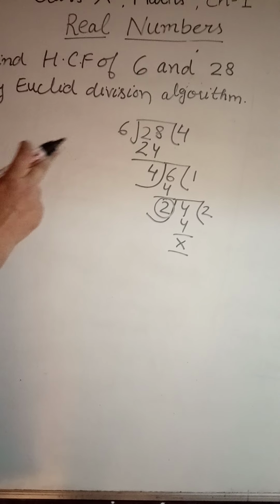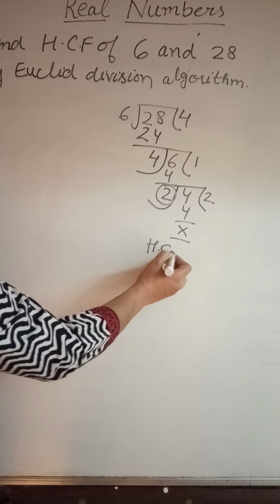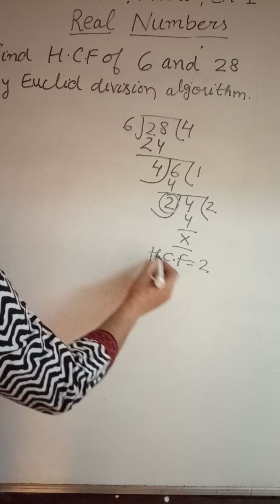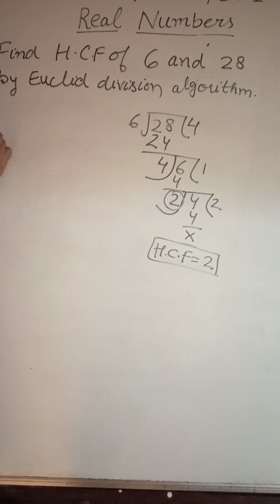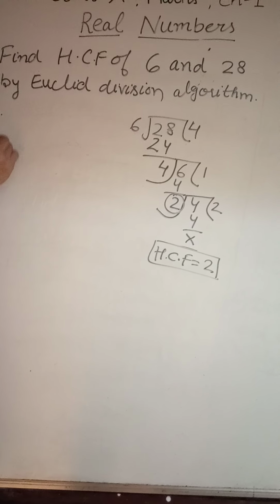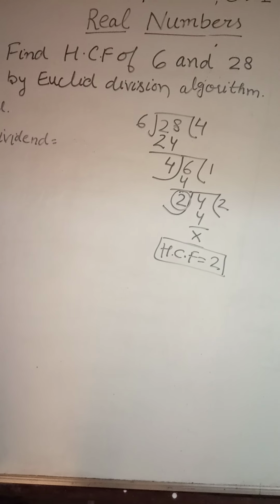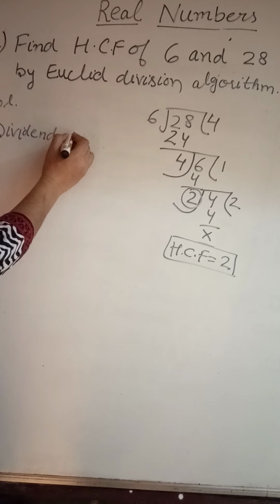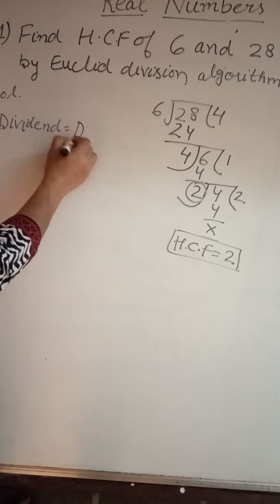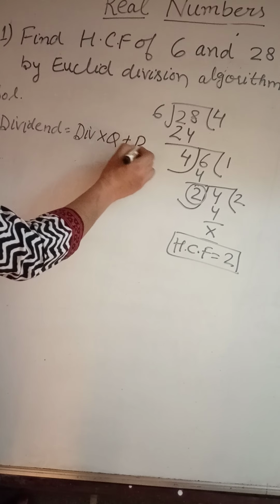But how to do the same thing with Euclid method? Rough work you can do for just checking your answer. But how to write it? What we have written? Dividend should be equal to divisor into quotient plus remainder.